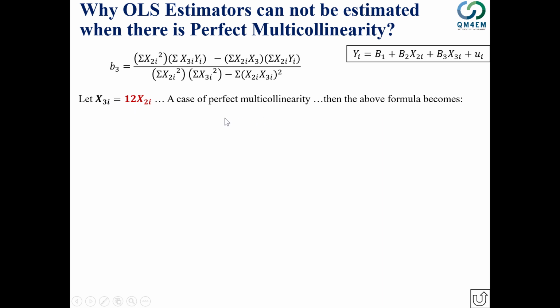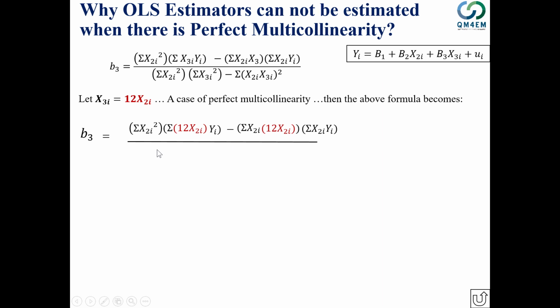So let me start with B3 is equal to, and then summation x2 square as it is. Instead of writing summation x3 yi, I will replace the x3 with 12x2, so that becomes summation 12x2i yi, then minus summation x2i x3i, with x3 replaced by 12x2i, so I will write 12x2i, then multiply with summation x2 yi. There is no x3i term here, so I will not replace anything.